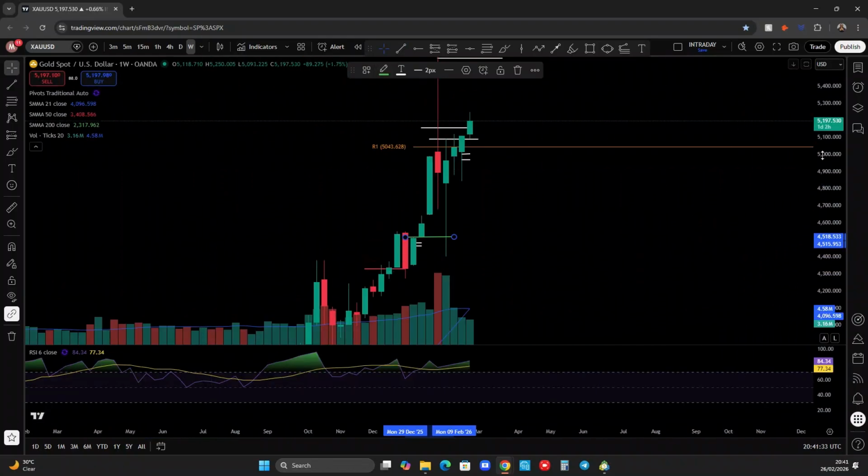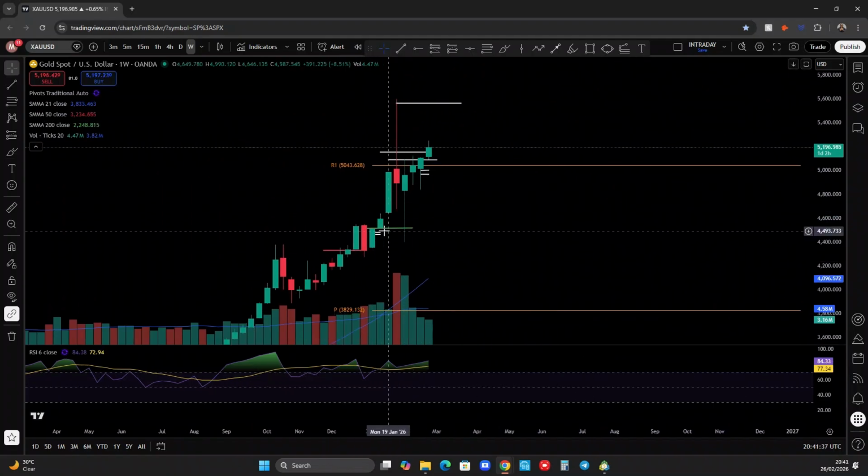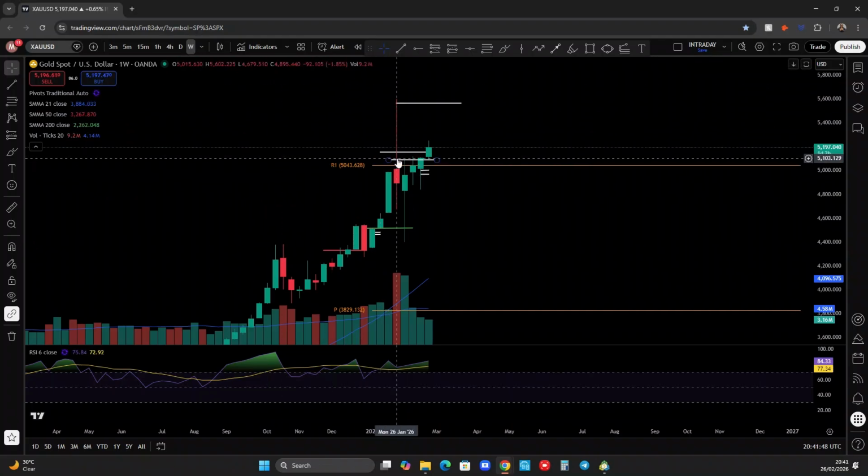Okay, cool. So my level from here, if I made an entry here, the level that I'm looking for to actually get out of the trade would be this one because it's on the higher time frame. It's on the weekly. So if I want to put my target, it would be here. And it worked out just fine.